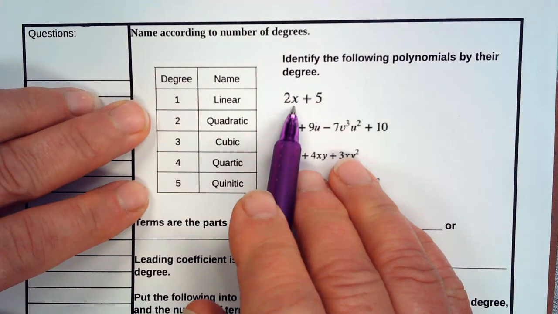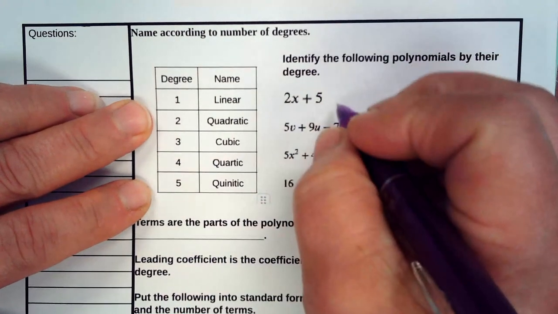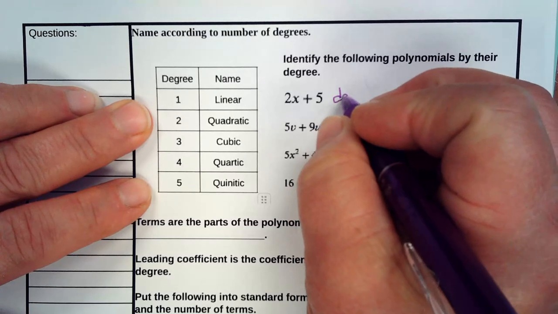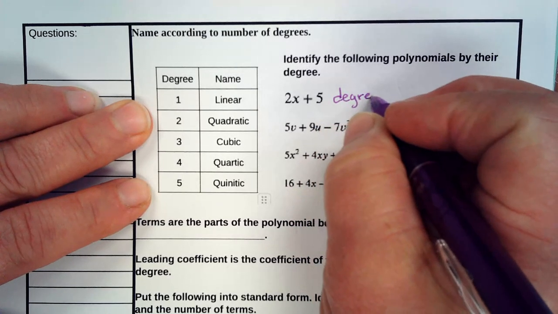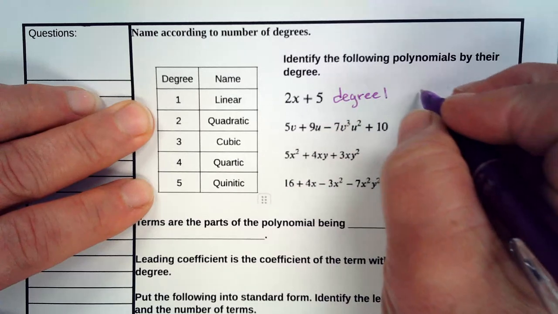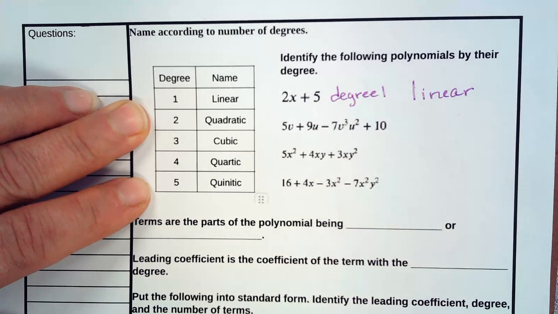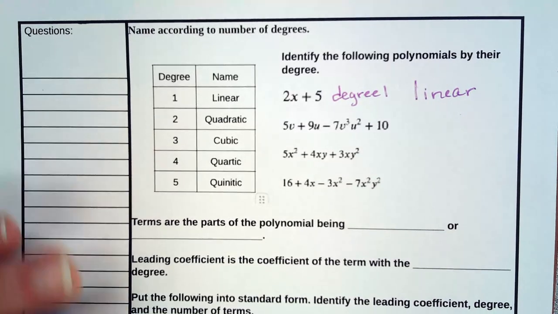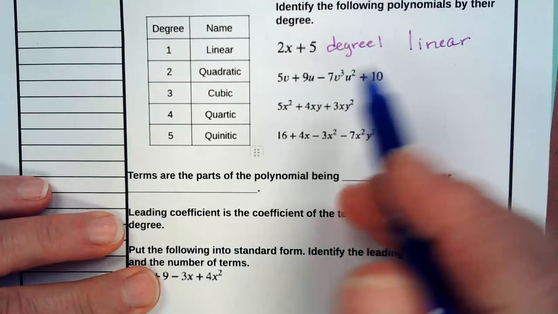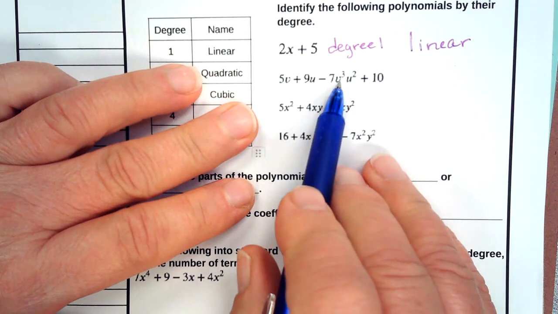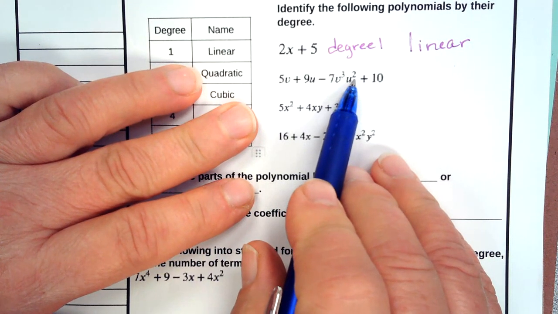So let's look at the first one. All I have is x to the first degree. So this is degree 1, and that would be linear. Okay, let's look at the degrees. Here's 1, here's 1. I've got 3 plus 2 gives me 5.